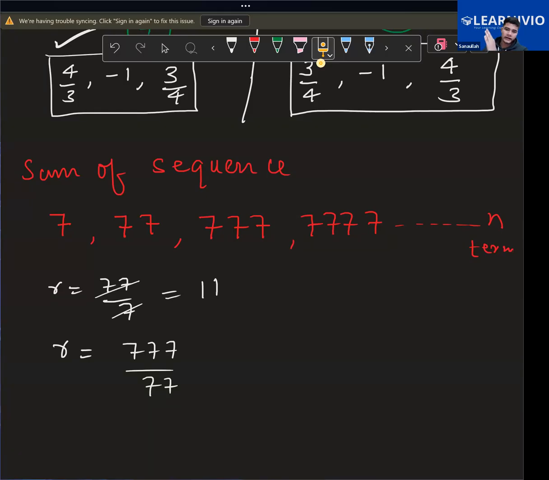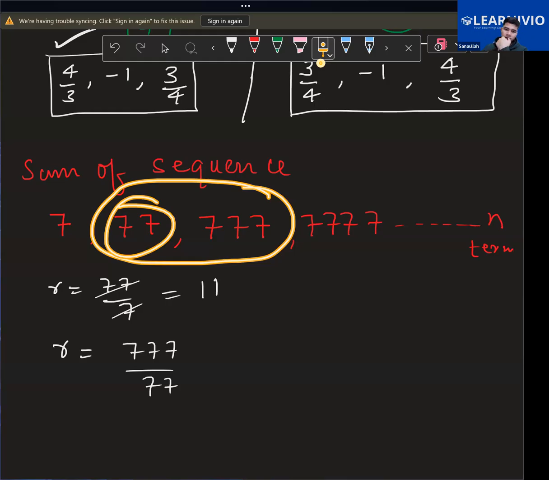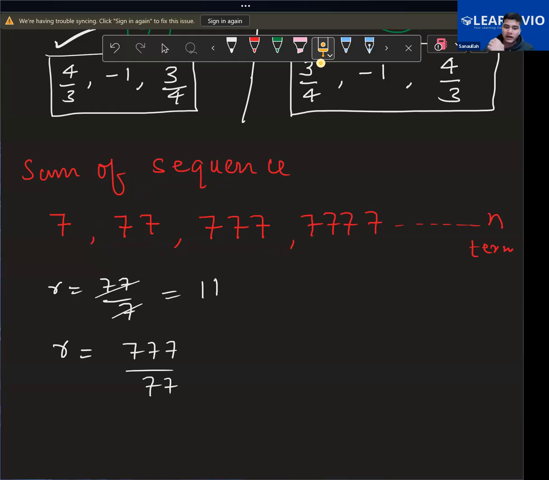In the numerator you have to take the right side term, and in the denominator this term. So the value of R can be 777 by 77.